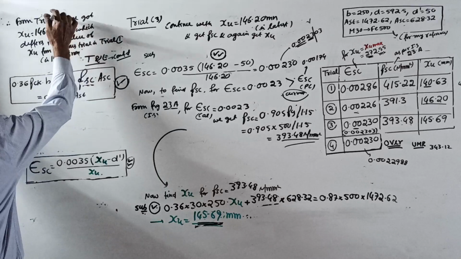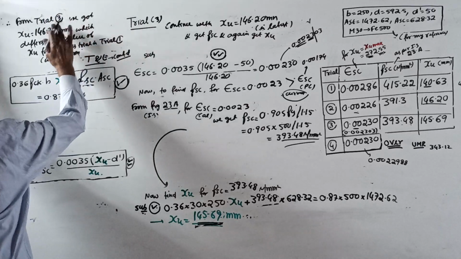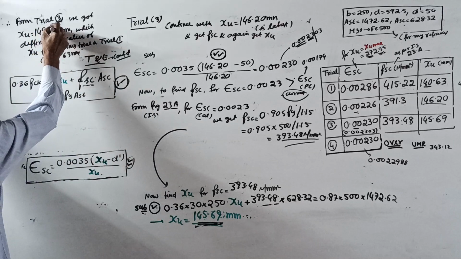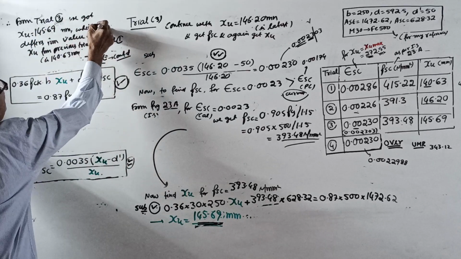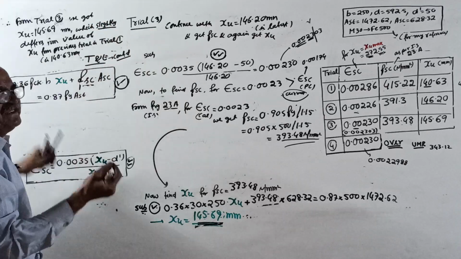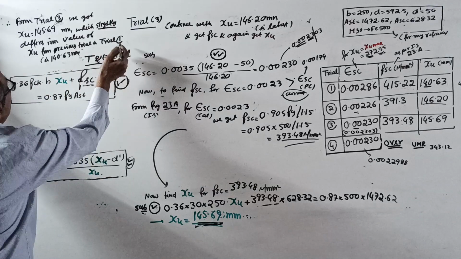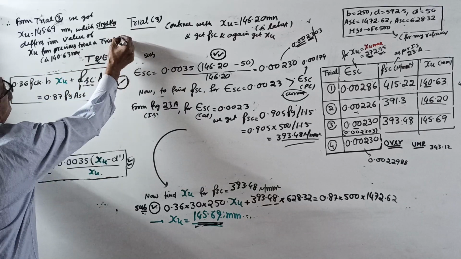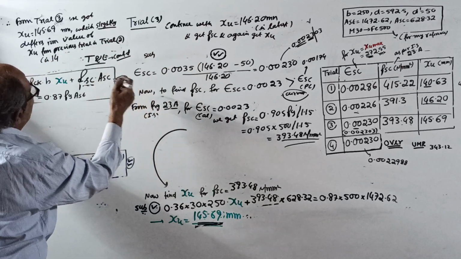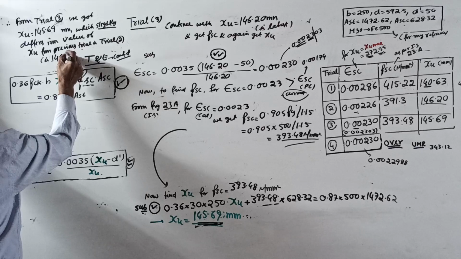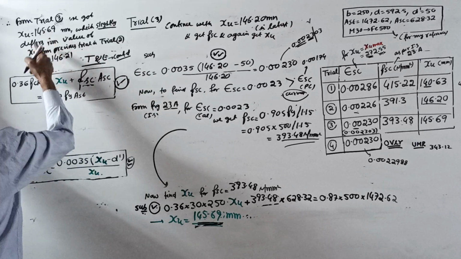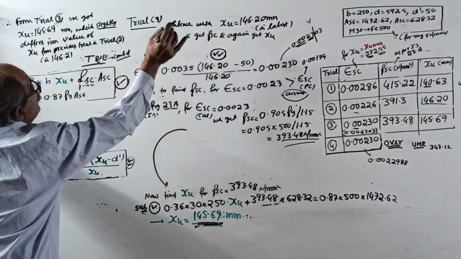Therefore, from trial 3, we got xu as 145.69 millimeter, which slightly differs from the previous value from trial 2, which was 146.2. Not too much. Trial and error continued.